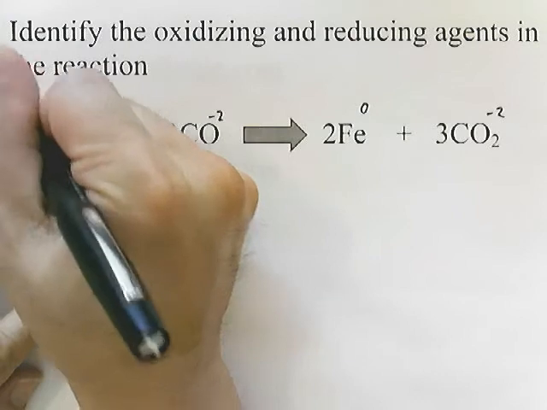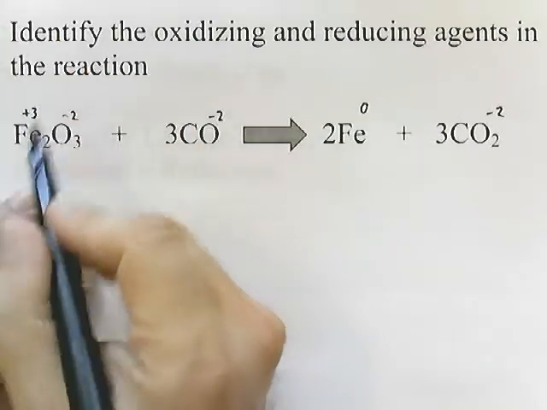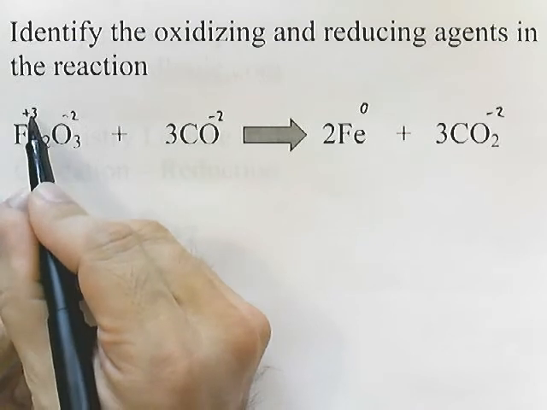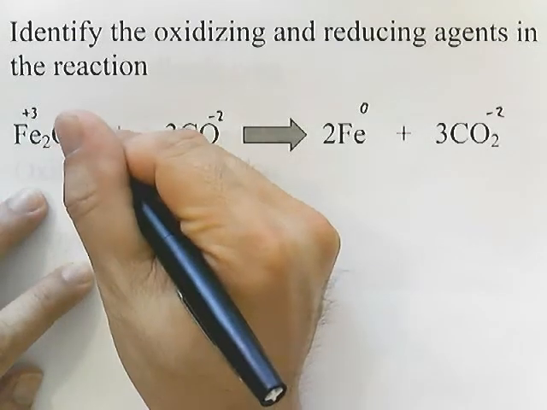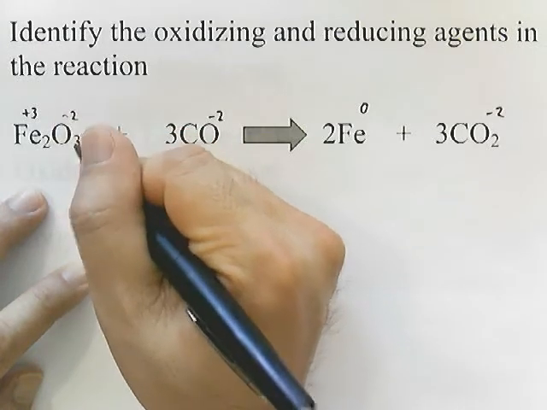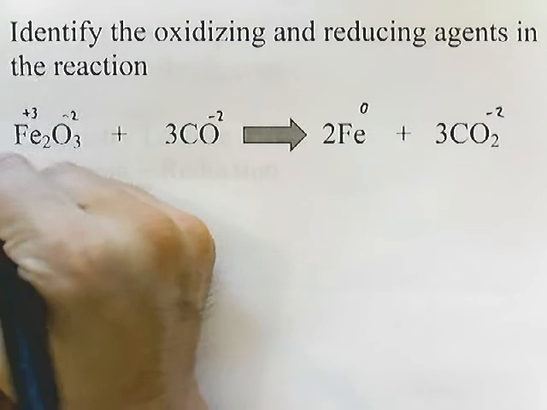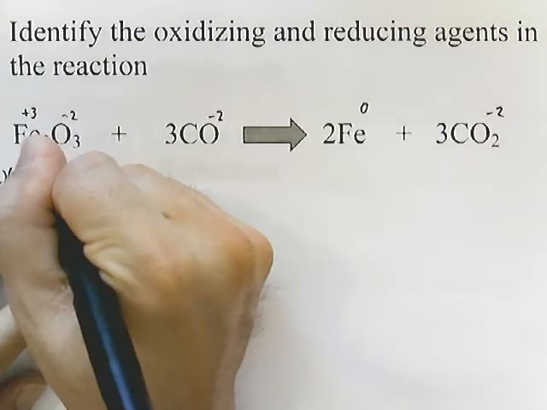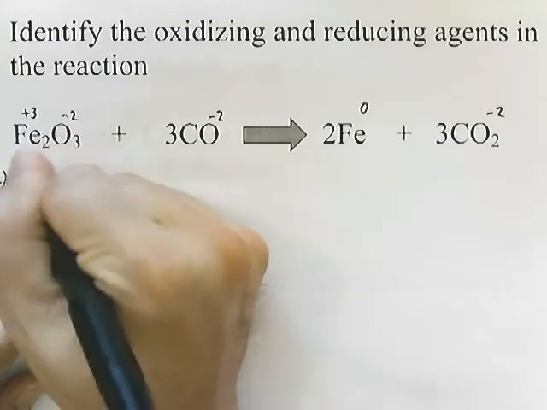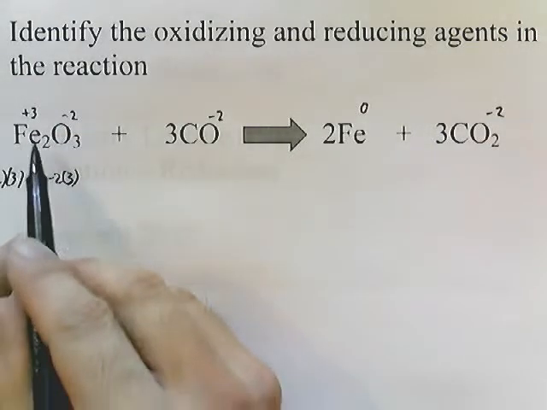Well, the charge on iron is going to be +3. 2 times +3 is +6. +6 plus -6, -2 times 3, is going to be 0. So the total charge is 0. So the charge on the iron is +3.